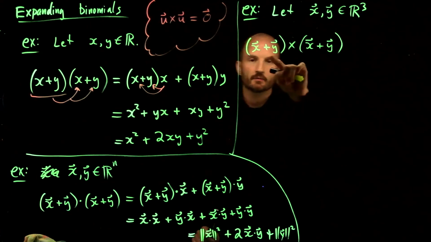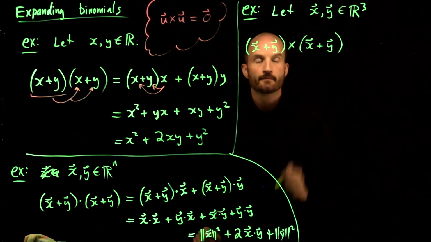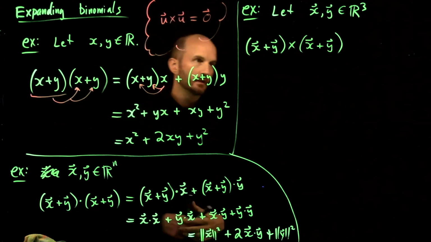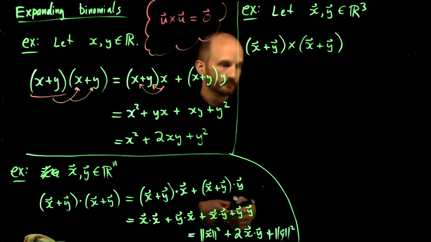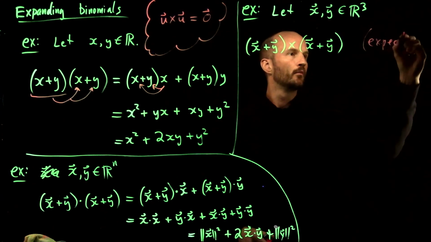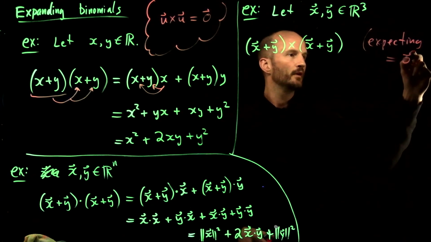So if I have a vector cross itself, I'm expecting to get the zero vector at the end. Let's see how that happens. So I'll write that down. Expecting equal zero vector.